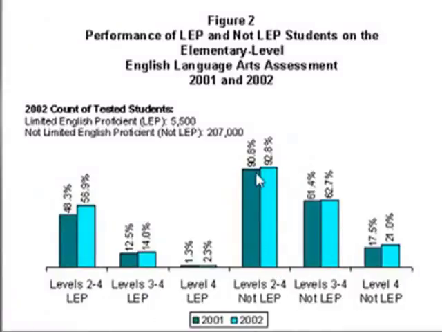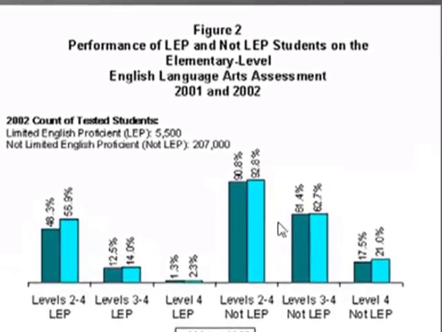You can see here that 90% of kids that aren't LEP are achieving at level 2 and 4, but only 48 or 56% are achieving there for limited English proficient. And you can see that level 4 and level 3 are way down, 14% to 62%. So we definitely have a ways to go.